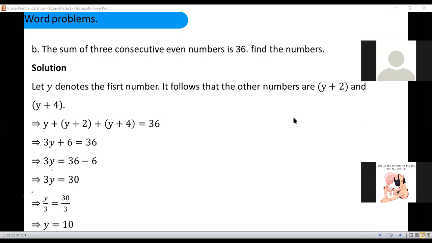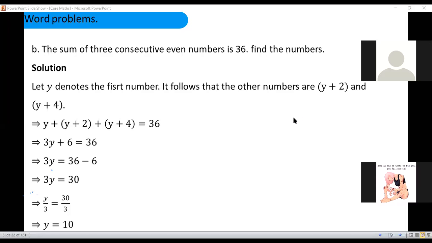That is why I say it depends how you define your first even number. I can take my first even number to be y minus 2. That means if you get a value for y, you subtract 2 from it to get your first even number. Then the next one is y, because you add 2 to y minus 2.